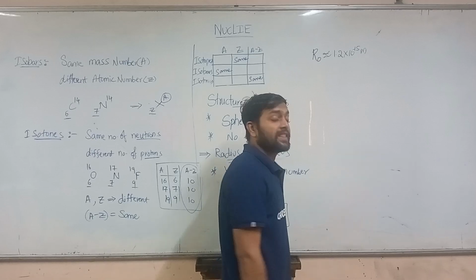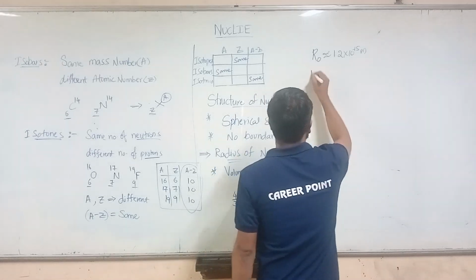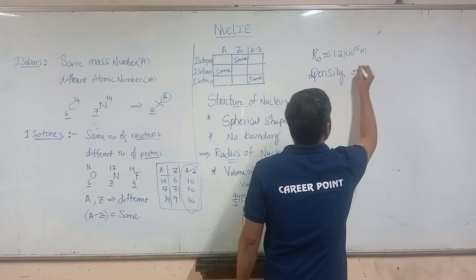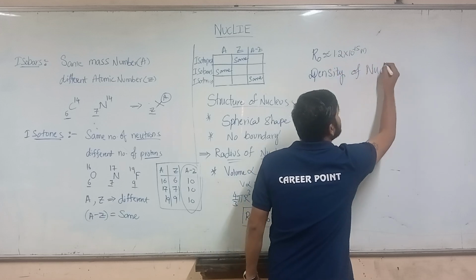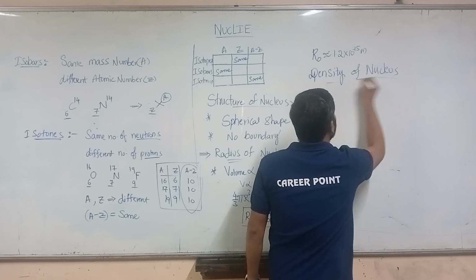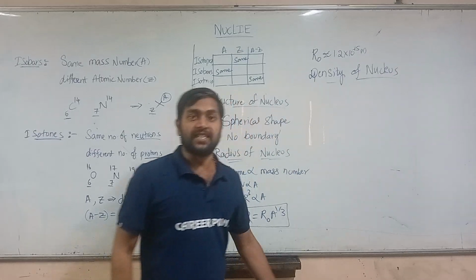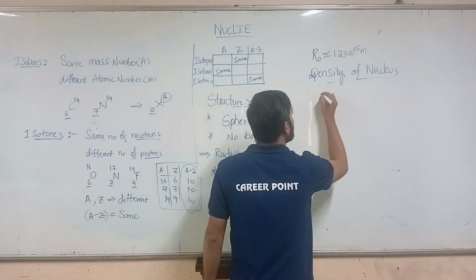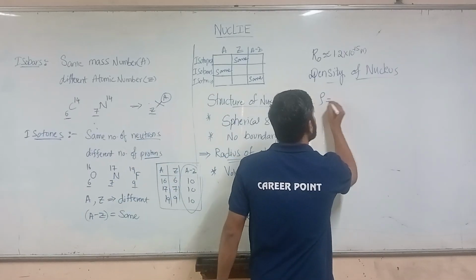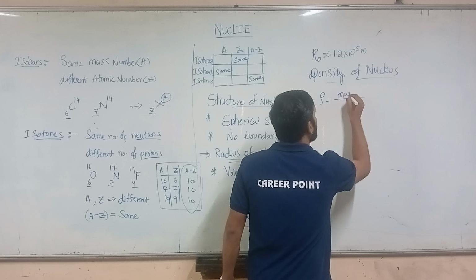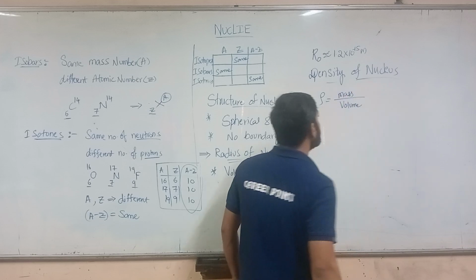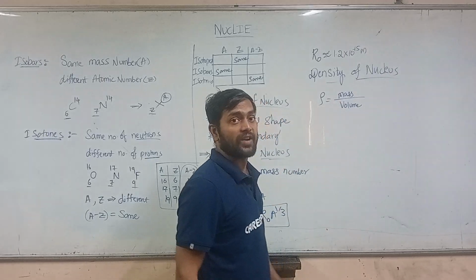Okay, next we will see the density of the nucleus. So we know the density formula. Density is mass by volume, and density is represented by rho. So density is mass by volume, right? Here we are having the mass.